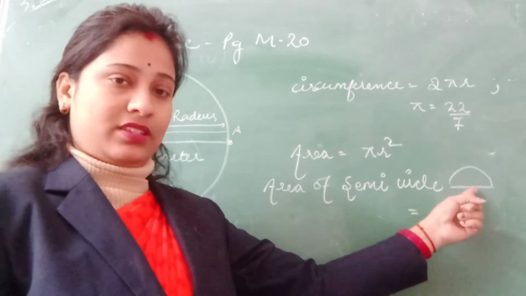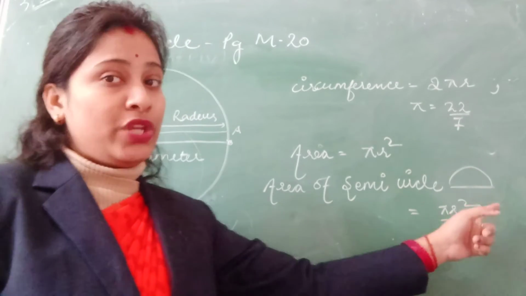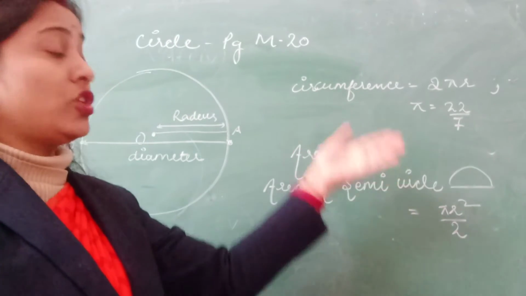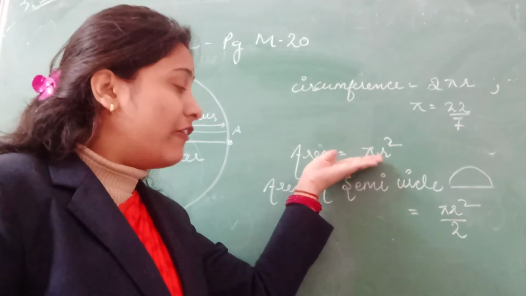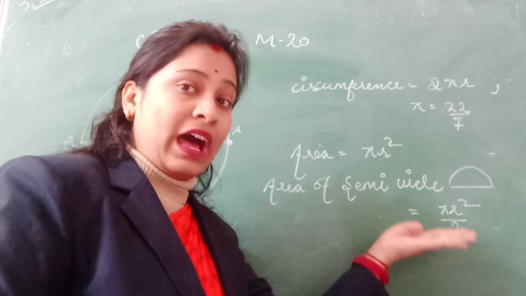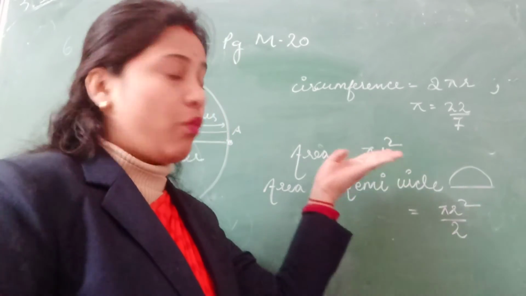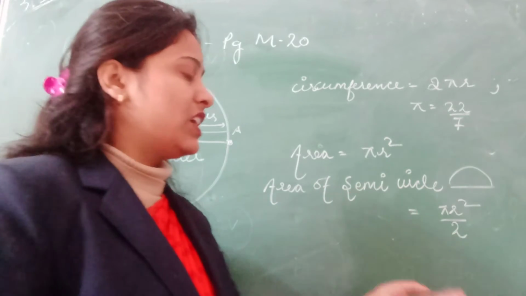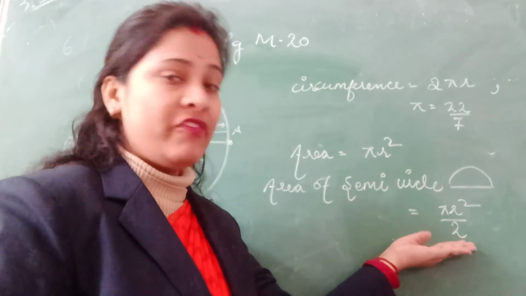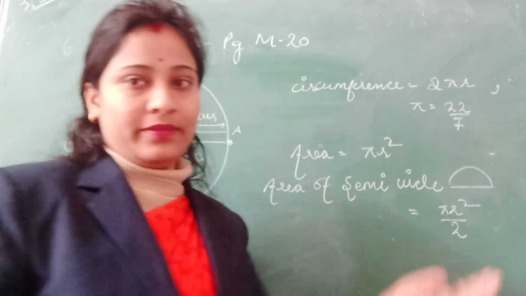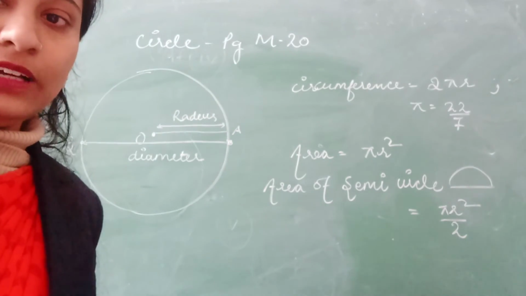Semicircle like this, half of the circle. So now, if the area of the circle was pi r square, now after doing half of it, what will be the area of the semicircle? It will be half of the area of circle, that is half of pi r square. I hope this is clear.